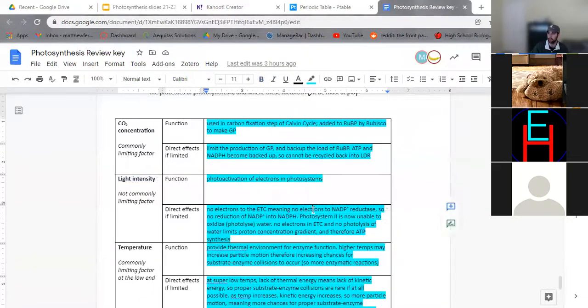No electrons to the ETC, so we don't reduce NADP plus into NADPH. We can't oxidize water, we can't cut it, so because we don't have any electrons in the ETC, because we're not breaking water, we don't have a proton concentration gradient, and so we don't synthesize ATP very well.